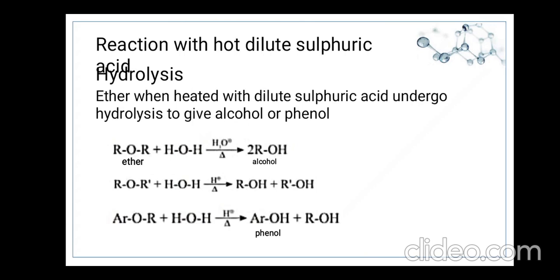Ether, when heated with dilute sulfuric acid, undergoes hydrolysis to give alcohol or phenol. So here students will see that when ether is treated with dilute sulfuric acid, you get alcohol over here, and also you get the formation of phenol.